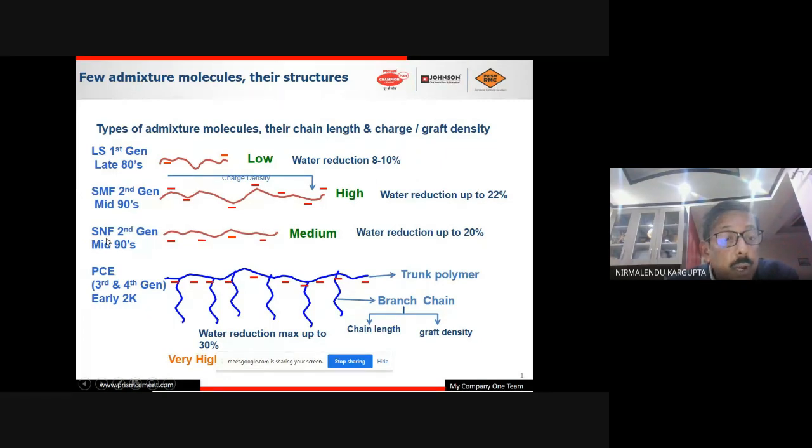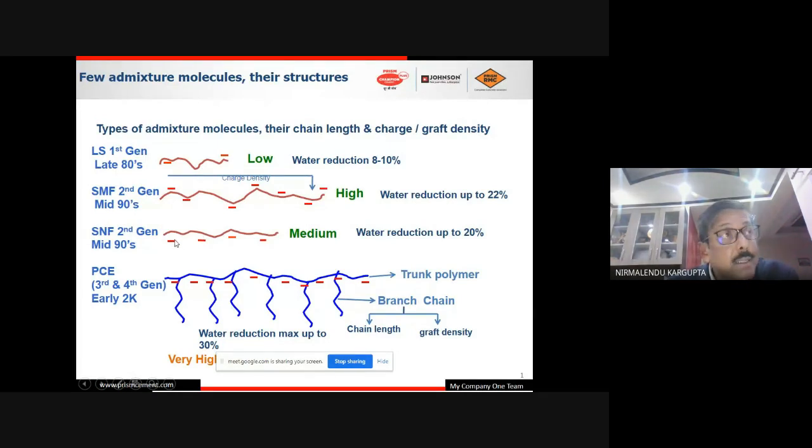Then we found SNF that also came in the mid 90s. In a few places, early 90s also, because I handled in 1992-93 in my first job in Tata Steel as a concrete technologist. There we have gone for lime calcining plant foundations, where we have used a retarder, RP264, Fosroc made RP264 retarding plasticizer.